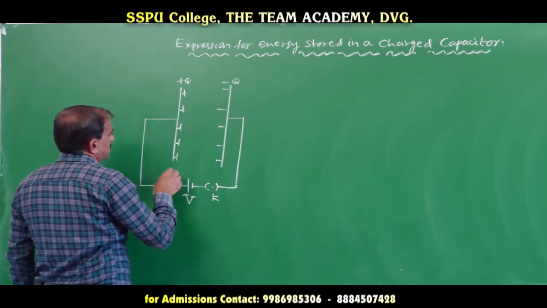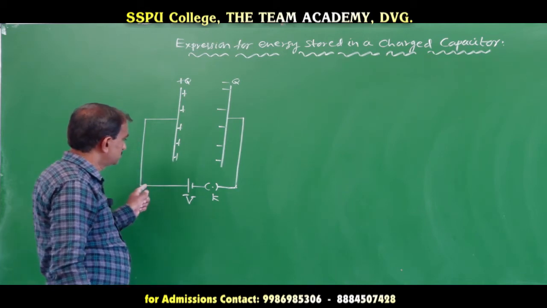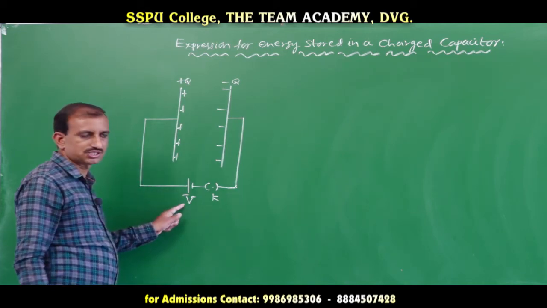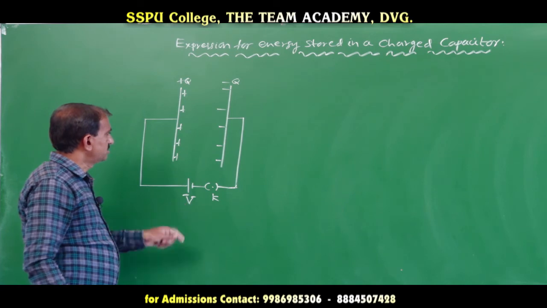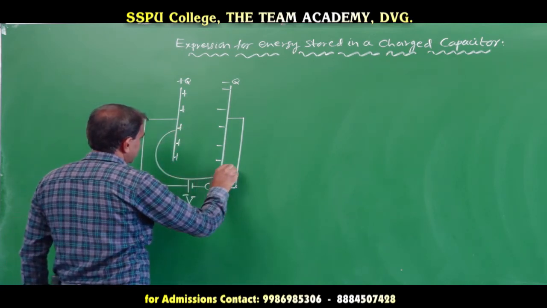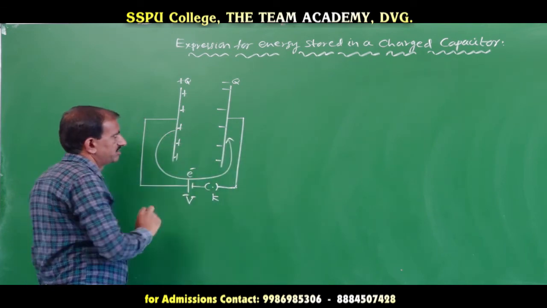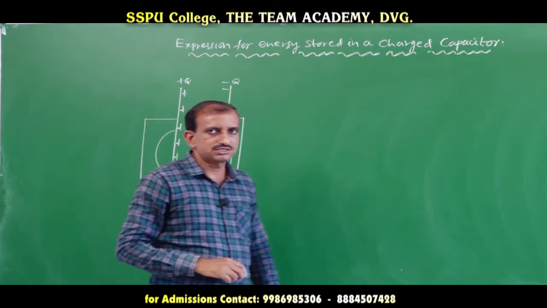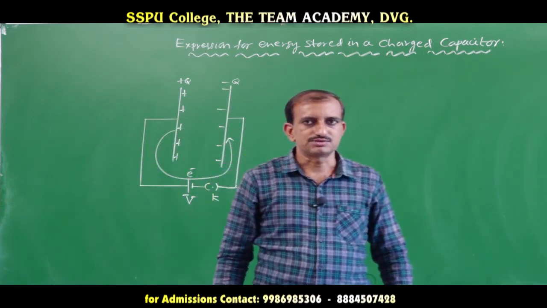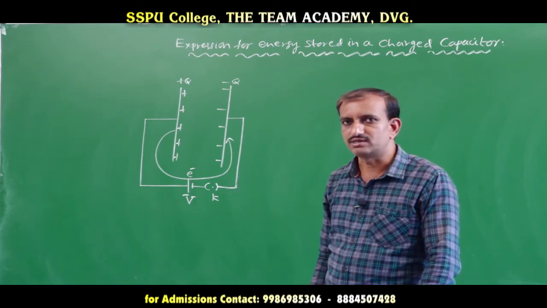Now when you connect the capacitor to a potential difference of V volt, the charges are transferred from one plate to another plate. Suppose the electrons are transferred from this plate to this plate. Now what is the work done in transferring a small quantity of charge dq from one plate to another plate?